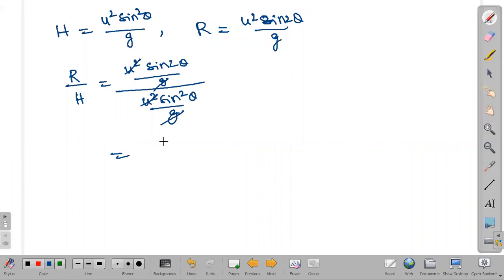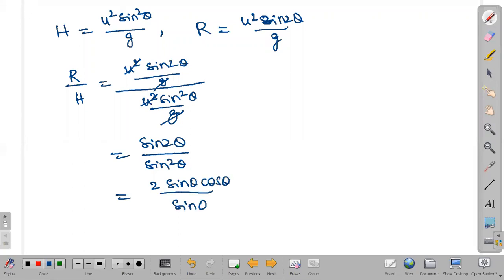Now we have sine 2 theta by sine square theta. If I further expand, sine 2 theta formula is what? 2 sine theta cos theta, by sine theta into sine theta in the denominator. Sine square theta is sine theta into sine theta. Now one sine theta will be cancelled out. So what is left out? 2 cos theta by sine theta.